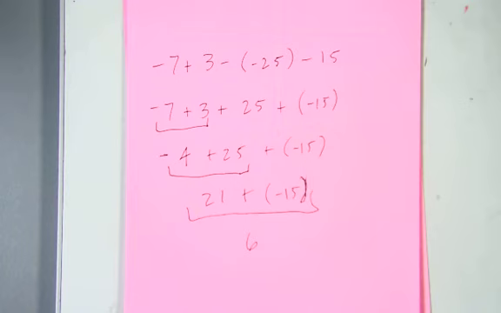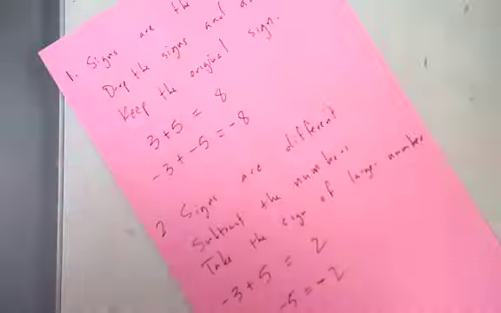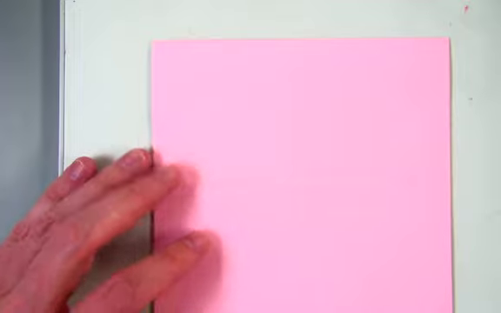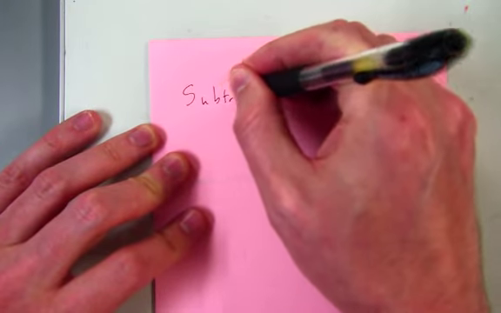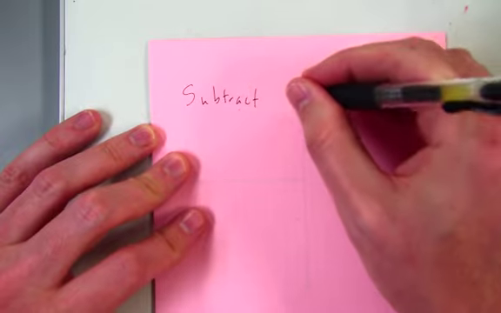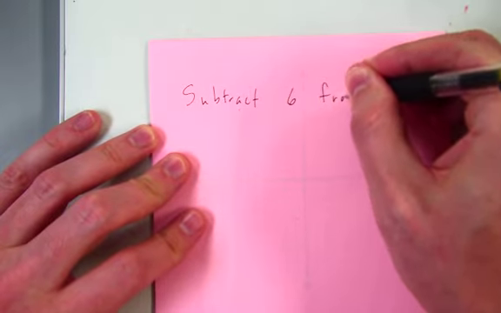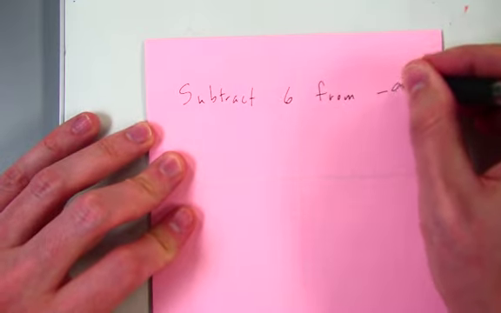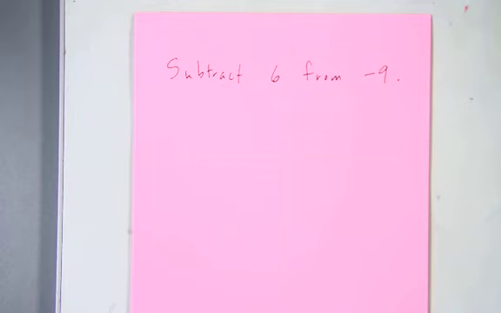Okay, now one quick thing about subtraction that can be pretty tricky is sometimes we'll have some simple word problems that have subtraction in them. They might look something like this. We might ask you to subtract 6 from -9, for example.